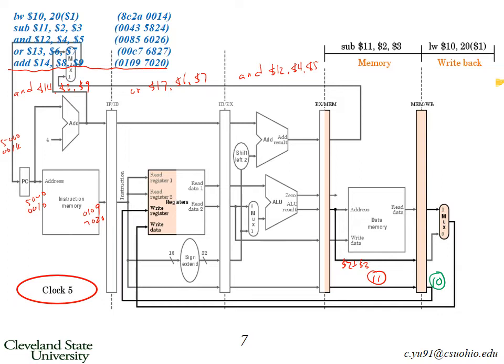At the same time, write data is also fed back from the write back stage to the ID stage to finally update destination register 10. So that is the reason why we have to carry the destination register number from stage to stage until it is actually utilized. And also these five figures tell you that the instruction is moving from one stage to the next stage in the pipeline architecture.